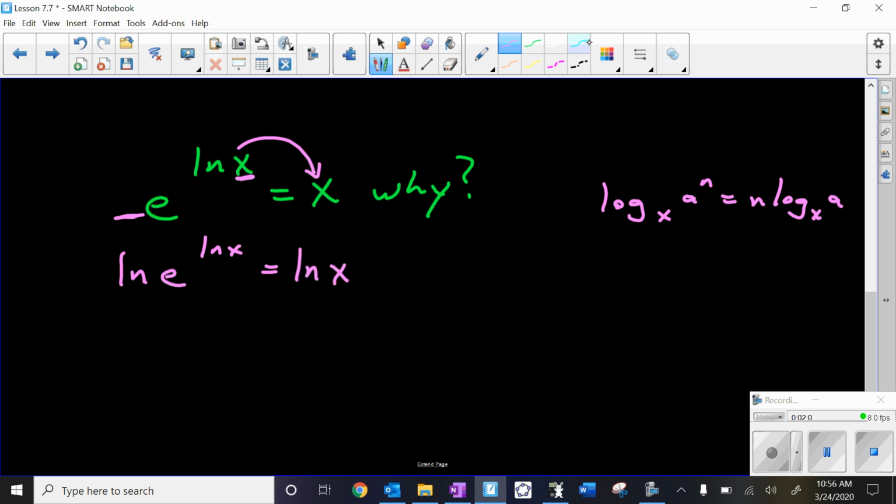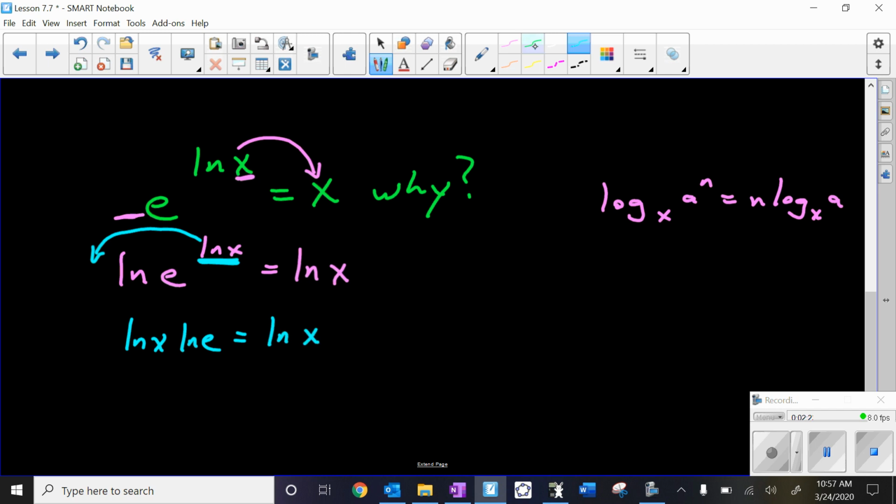And what does that allow me to do? Well, that allows me to take my exponent, which in this case is natural log of x, and move it out front. So now I have natural log of x, natural log of e, notice how it moved right down in front, equals natural log of x.